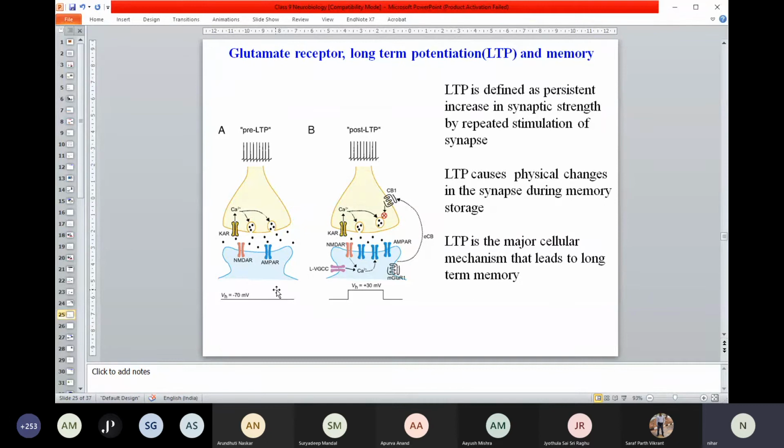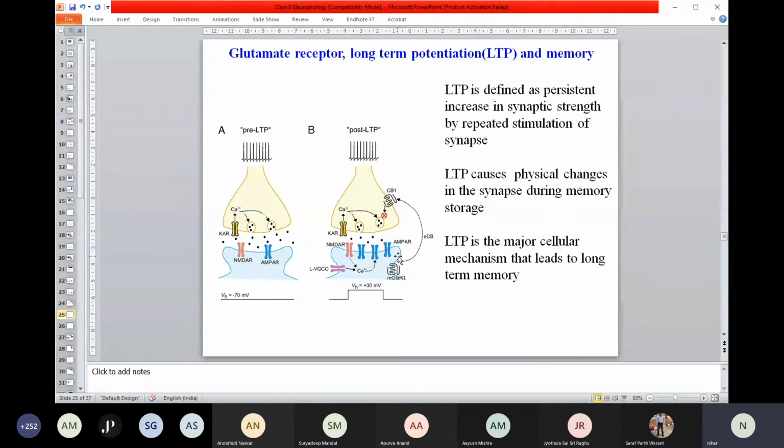But because of the repeated activity for a longer time, at the specific interval I'm mentioning, there is a change in the postsynaptic neuron: an increasing density of a specific receptor type, particularly the AMPAR receptor type. Because of this increasing density, these postsynaptic neurons are now getting more and more strength.